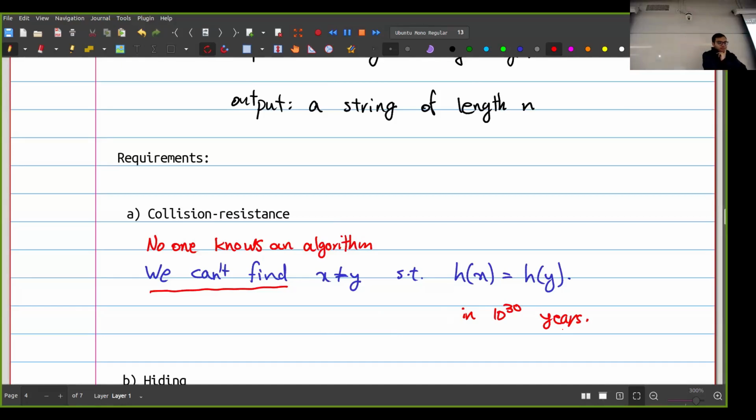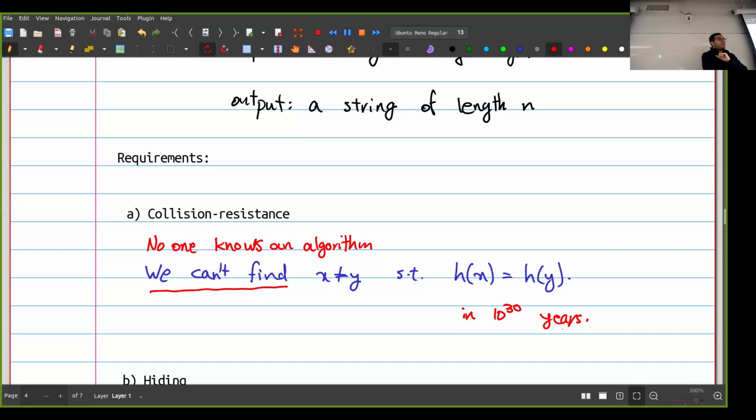And also, another point here which I have to mention is that I'm not saying there is no algorithm that can find this. I'm just saying no one knows an algorithm that can find this. So this is a part of cryptography where we are not really on firm ground. It's like we have some hash functions. In practice, we don't know how to break them. We don't know how to find collisions in them.